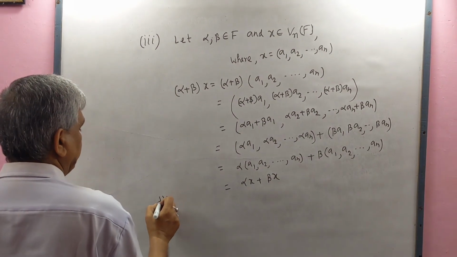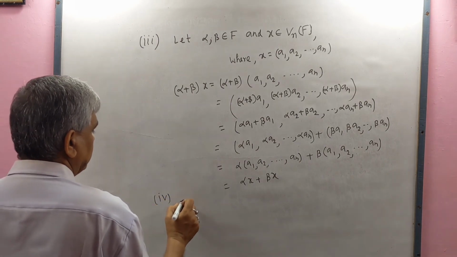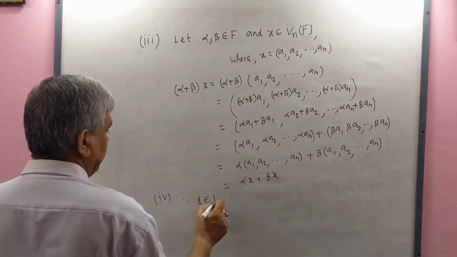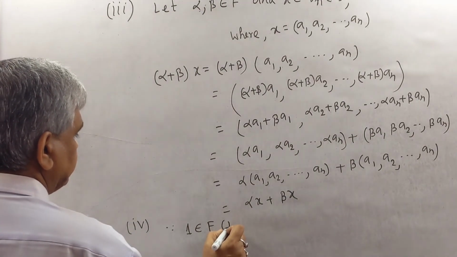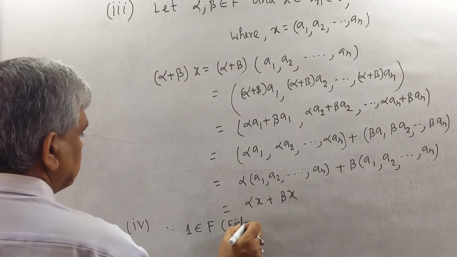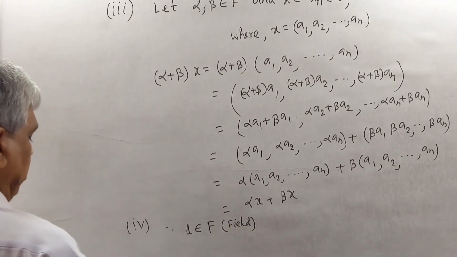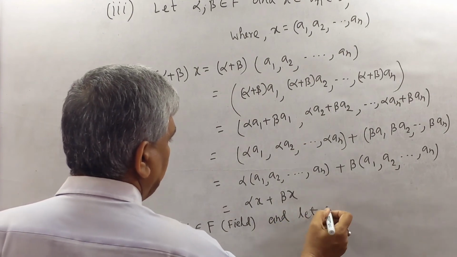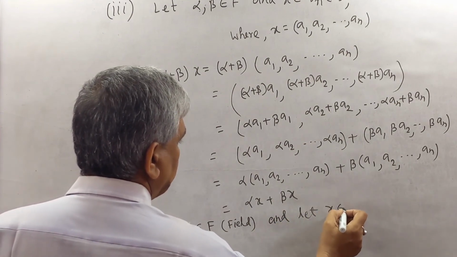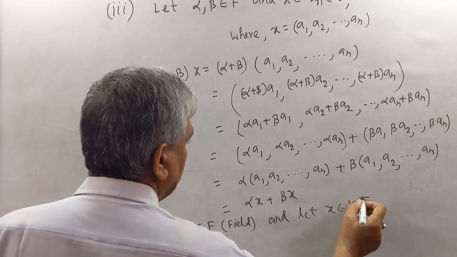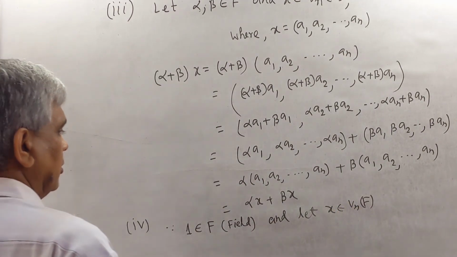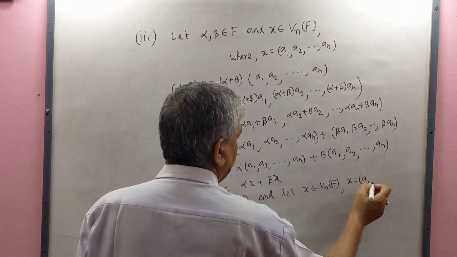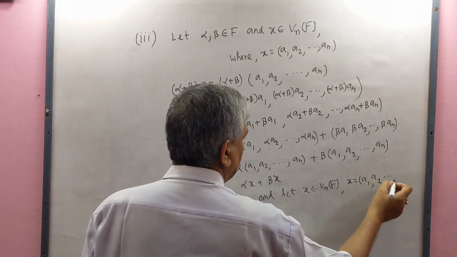Number 4 property. Since unit element 1 belongs to field F, and let x belong to VnF, where x equal to (a1, a2, ..., an).